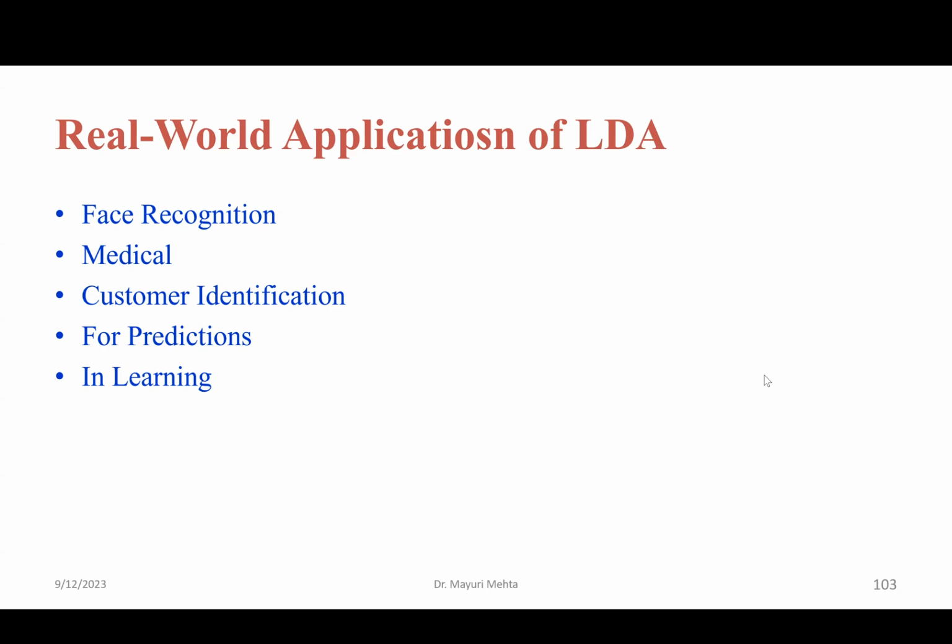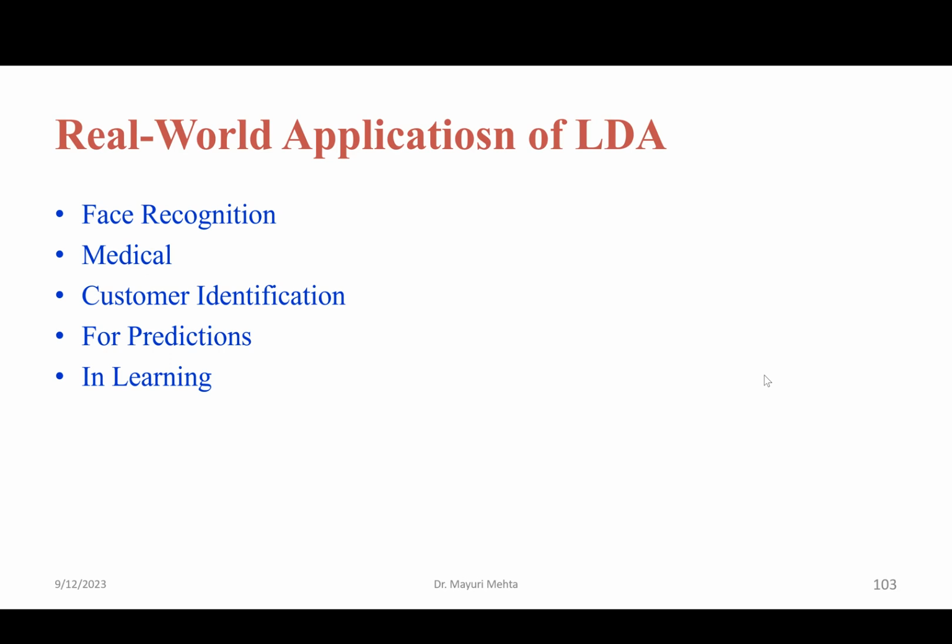On such parameters, this LDA classifies disease as mild, moderate, or severe, right? What is the condition of the disease? What is the status of the disease? Mild, moderate, or severe. And this classification helps doctors in either increasing or decreasing the pace of the treatment.